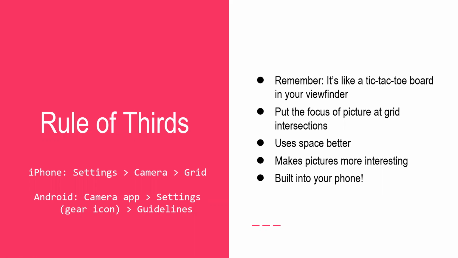If you have an iPhone, you're going to go into your settings app, which is that gray gear symbol, and then scroll all the way down to your camera app. In the camera app, there's an option that says grid, and you'll just turn that on.